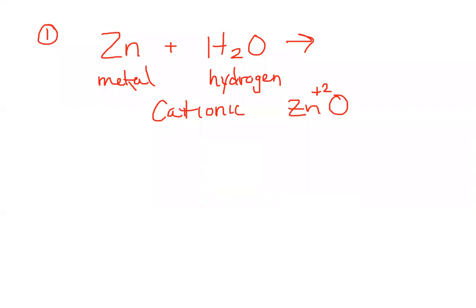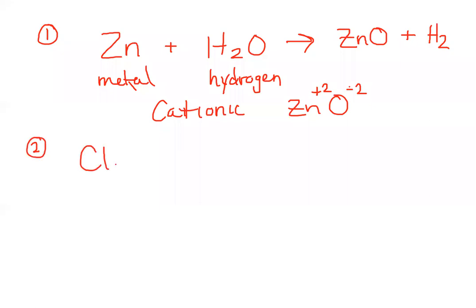Okay, I think this is maybe wrong. Oxygen has -2. So this is going to equal ZnO plus hydrogen. And everything is balanced, I think.